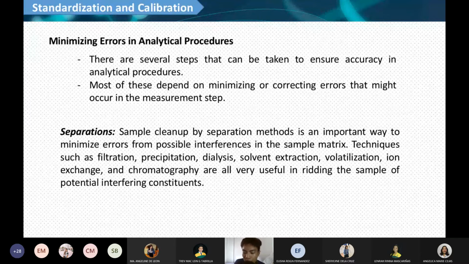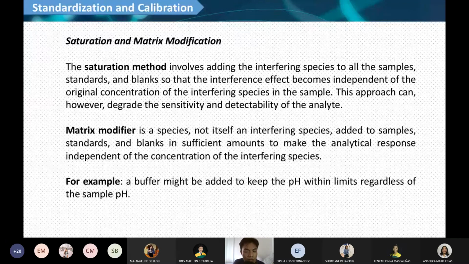After that, let's say you are doing analysis and you can see that there are so many interferences. When we say interferences, we are pertaining to other ions or other substances that interfere with your measurements. For example, you want to find out about this element.